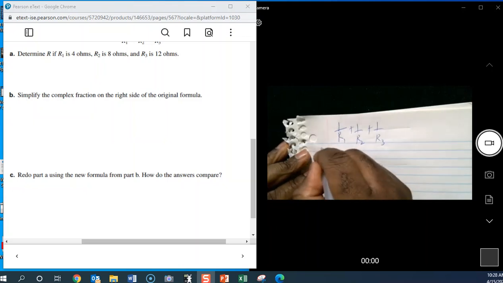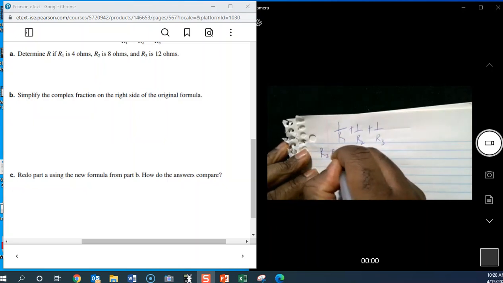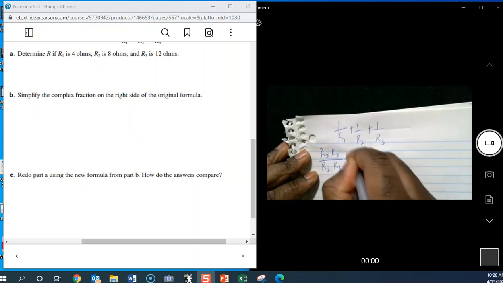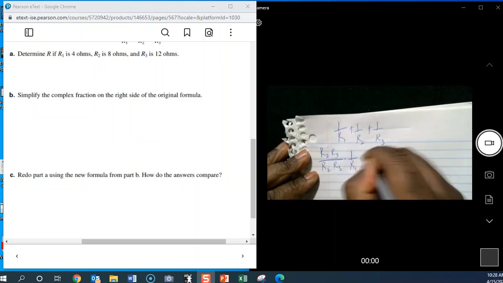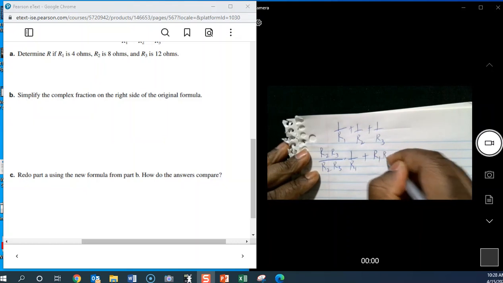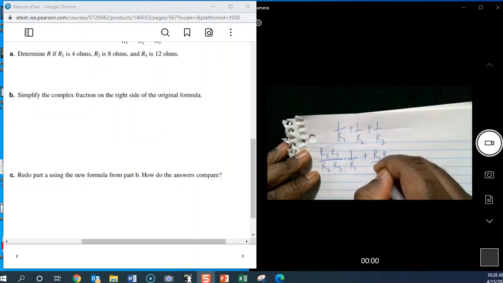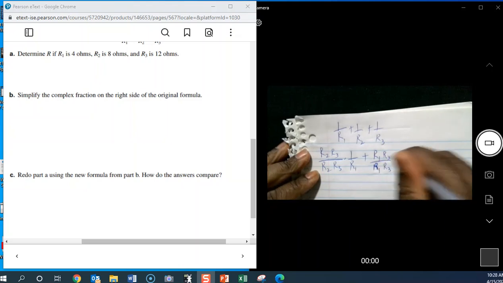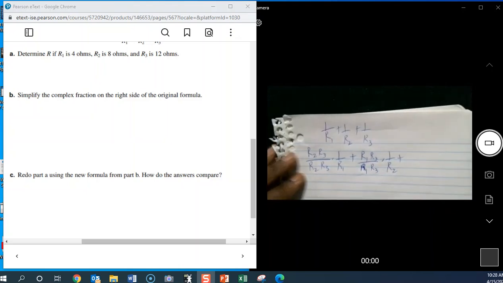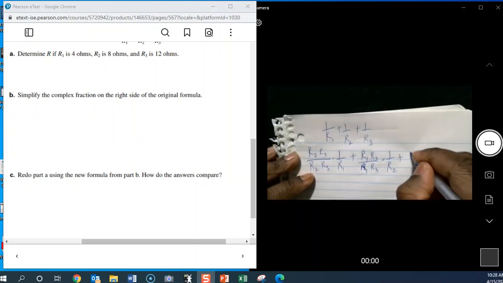So we'll need to multiply this numerator and denominator by R2 and R3. Then we have to multiply this numerator and denominator by R1 and R3. Then we'll multiply this numerator and denominator by R1 and R2.